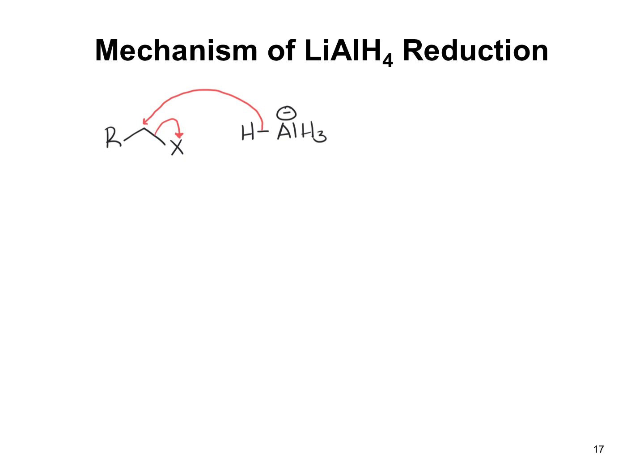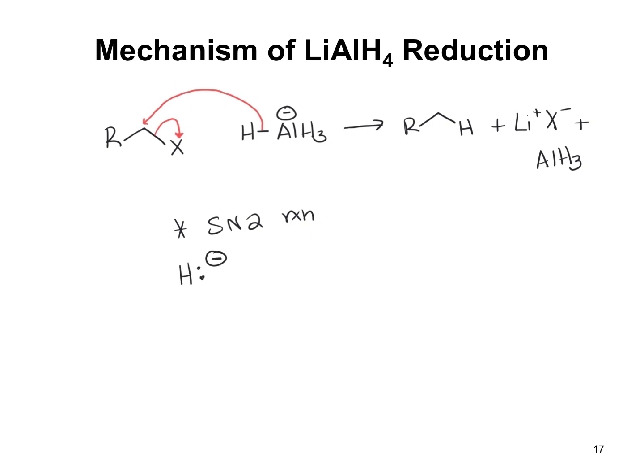So this is an SN2 reaction. When this occurs, right, we end up with our alkane. All right, so this is an SN2 reaction. We see that this is a hydride that is being transferred here. So these electrons are the ones that are forming that new bond there.